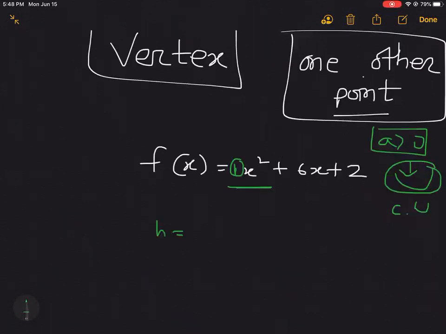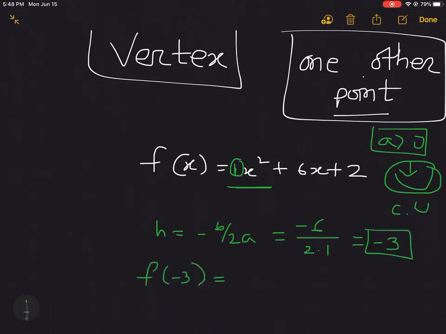Anyway, so what's the vertex? The vertex is x equals minus b over 2a. Here b is 6, 2 times 1, so negative 3, right? So the vertex would be f of negative 3, which is negative 3 squared, plus 6 times negative 3, plus 2.